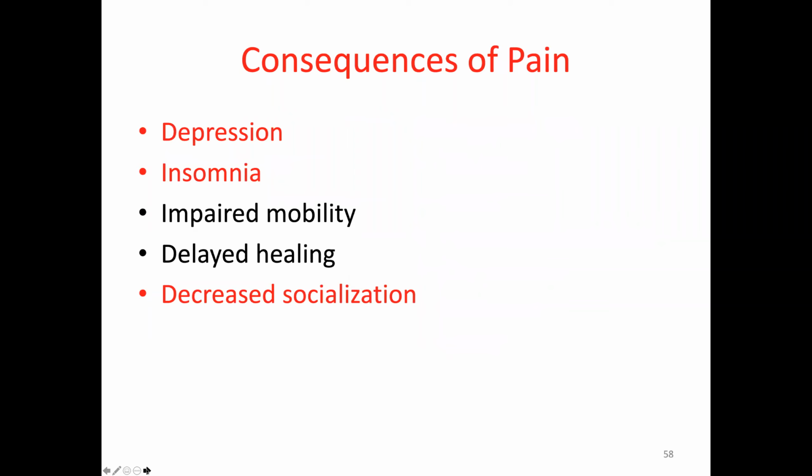And what tends to happen is we withdraw. We don't want to socialize with people. Now I'm suddenly including myself as the elderly because I'm saying we do that, so ignore all that I just said. But we see decreased socialization, and sometimes it's even worse because people don't want to be around those that hurt because it makes them feel bad.